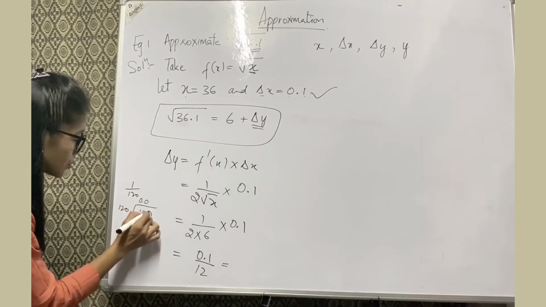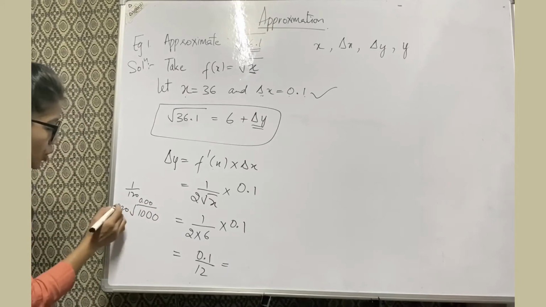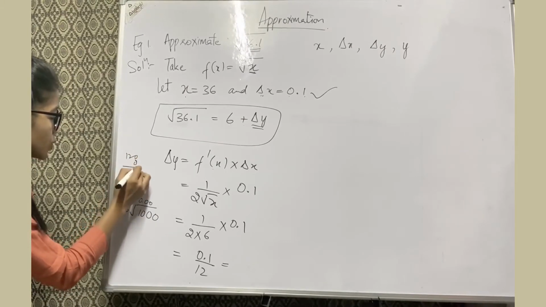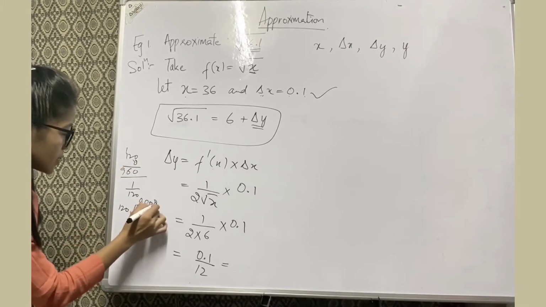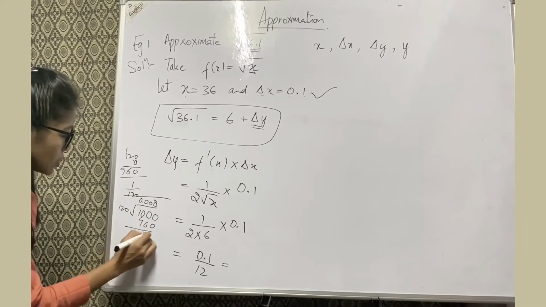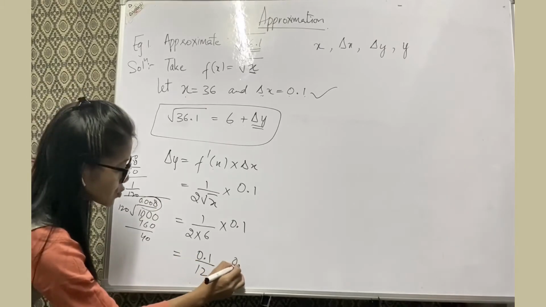And then you get 10. Then you put again 10, so you get 0. So then now you can solve it. 120 into 8, so it is 960. So that will be 0.008, right? Then we get 40 and so on. So this is equal to 0.008.